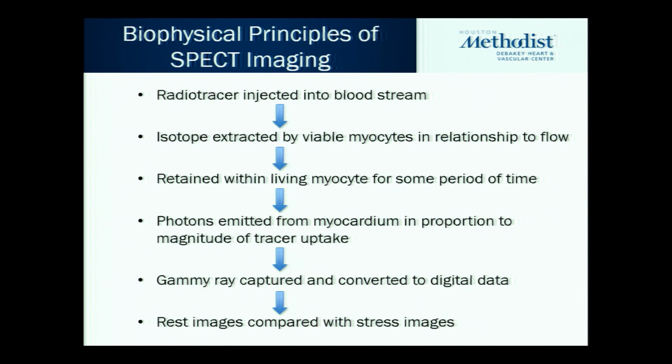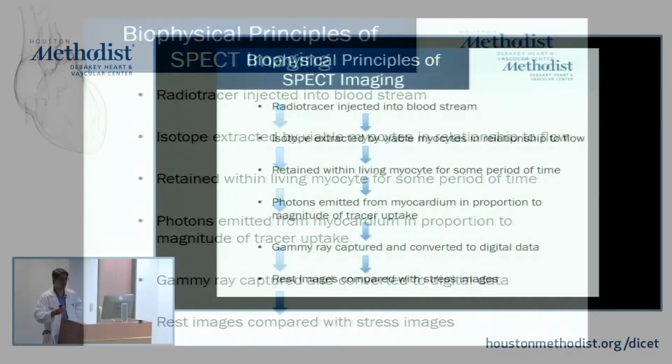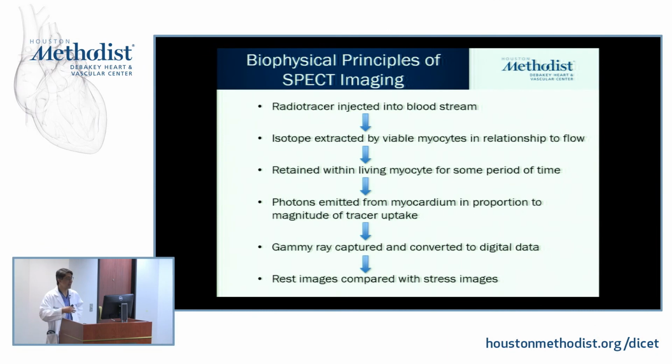This will then be retained in the myocyte, and these radiotracers will emit photons as they decay. This will be detected as gamma rays by these cameras, and finally you'll have the creation of an image in proportion to actual blood flow. So this is the bird's eye view of what happens in nuclear imaging.